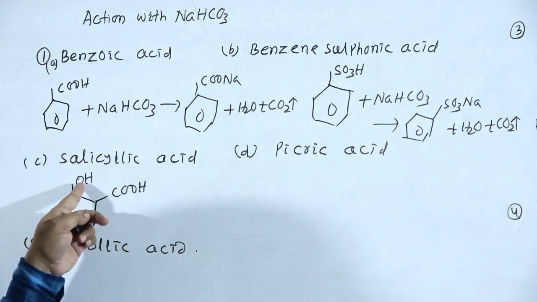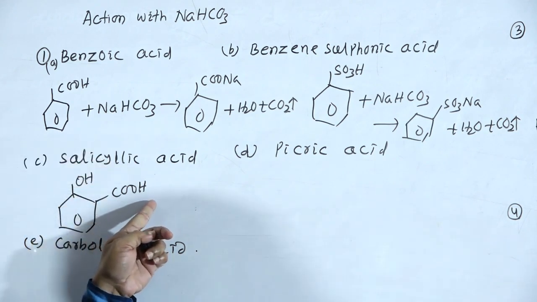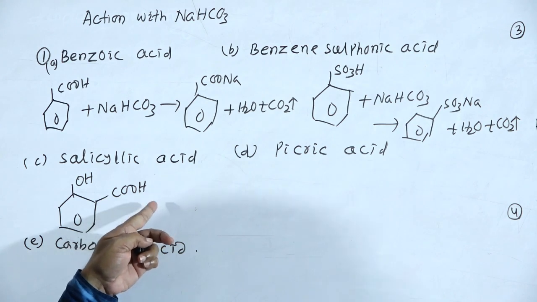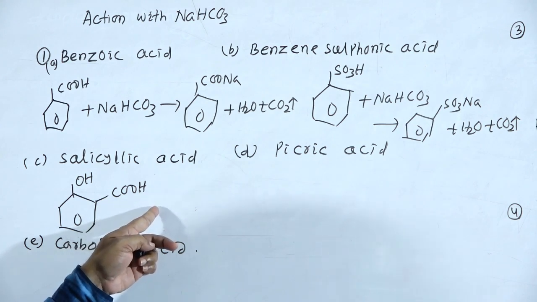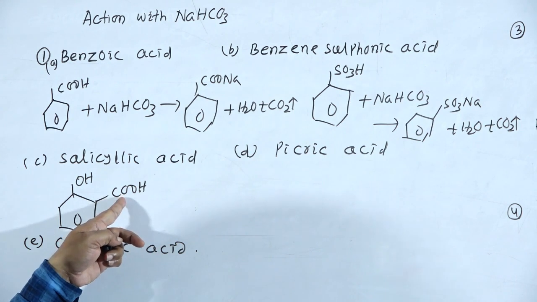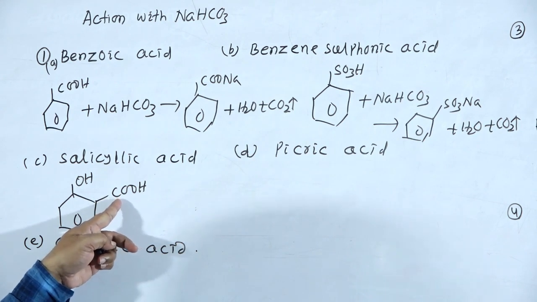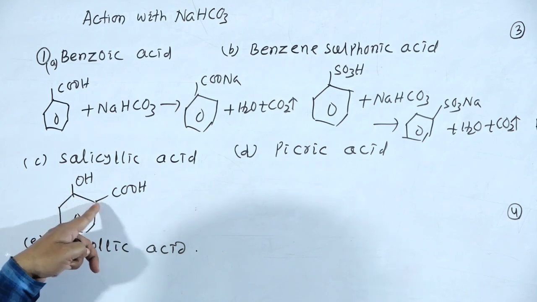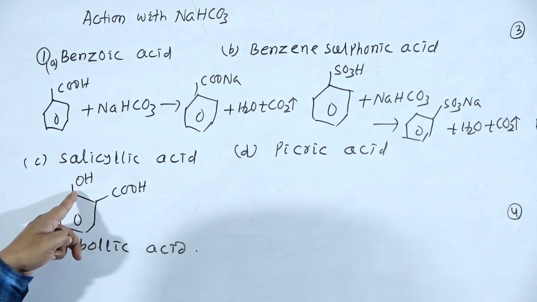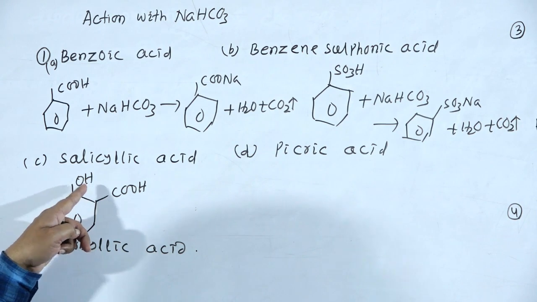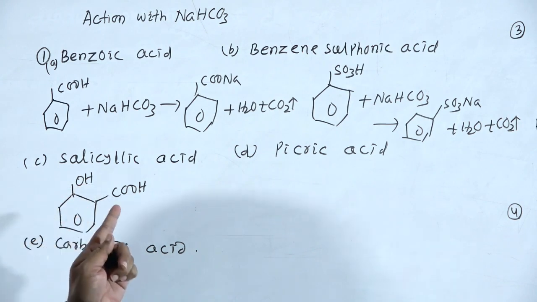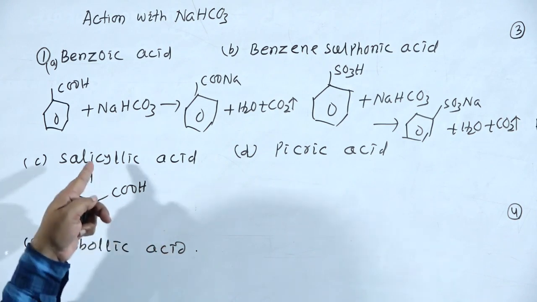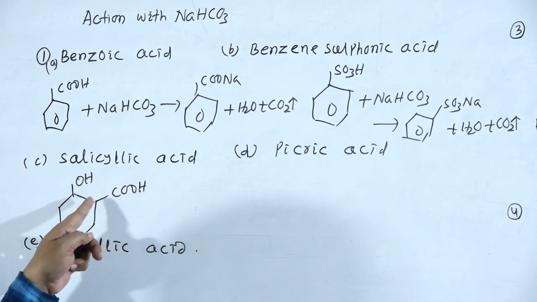Among these two groups, the COOH group is treated as the senior functional group. Therefore, the compound is named according to the COOH group, as benzoic acid, and at its ortho position, the 1, 2 position, it contains OH. That is orthohydroxy benzoic acid, otherwise known as salicylic acid.